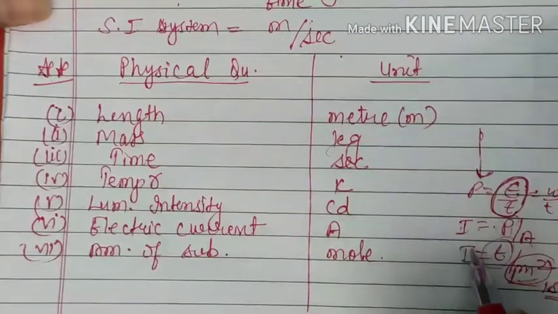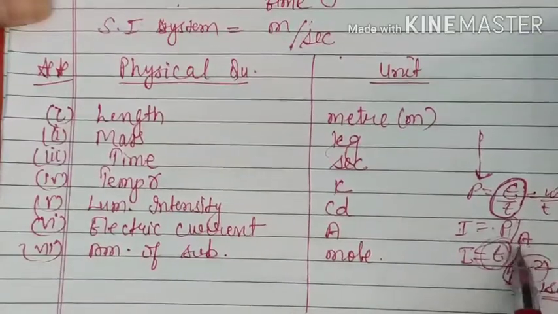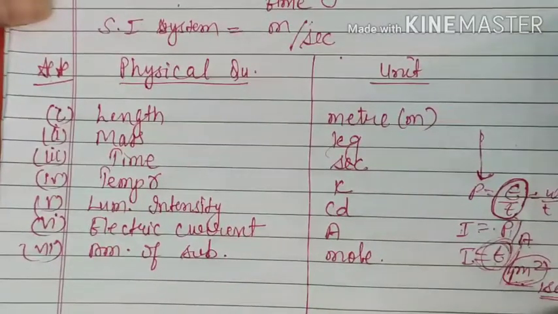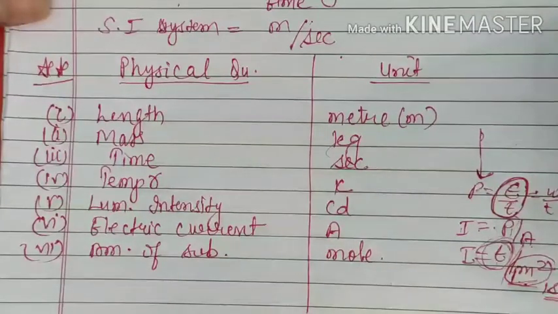That is known as intensity. If you are talking about heat, you will say how much heat energy is falling on per unit area per second. This is also intensity. In simple words, how much energy we are getting per unit time on per unit area, that is our intensity. However, we will see it in detail later in our next chapters.